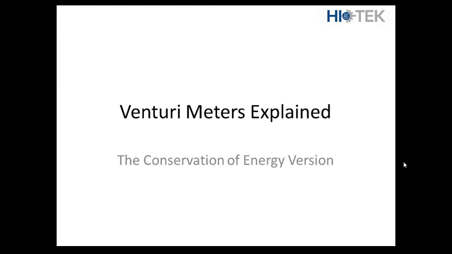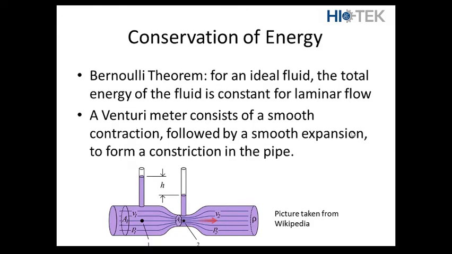Now let's move on to Venturi meters. So we've already discussed the Bernoulli theorem for an ideal fluid and laminar flow. A Venturi meter is basically a smooth contraction followed by a smooth expansion.